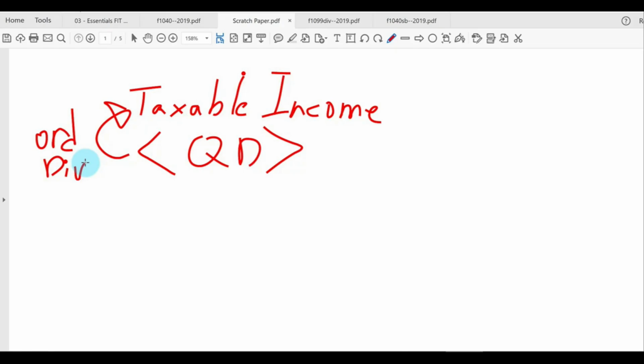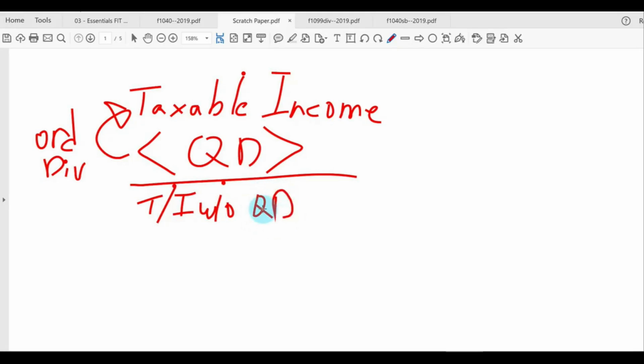If it is different, the qualified dividend amount is going to be smaller than the ordinary dividend. Okay, so we're going to subtract out that qualified dividend from the taxable income. And let's just call this taxable income without qualified dividend. Okay, just the difference.